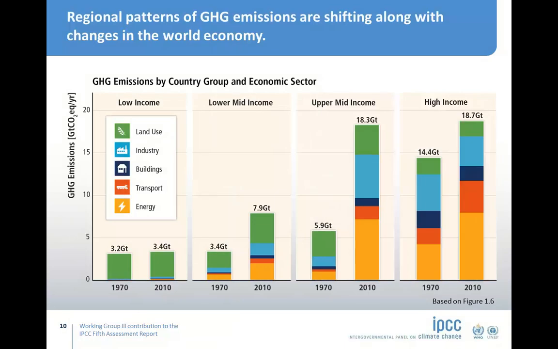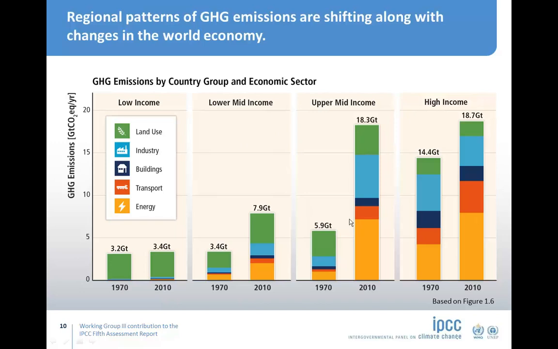And regional patterns of greenhouse gas emissions are shifting along with changes in the world economy. So what we've got here is a breakdown looking at 1970, 2010, and looking at the breakdown of the emissions in terms of land use, industry, buildings, transport, energy, across different income economic sectors.